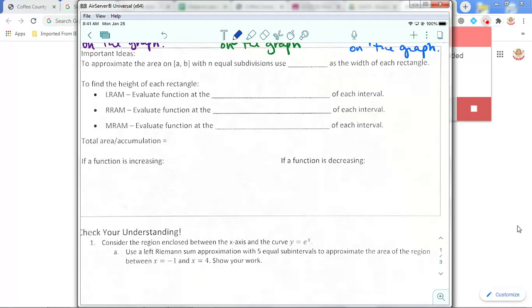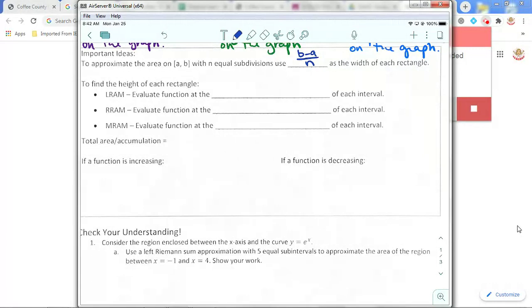And so a generic interval is from a to b with n equal subdivisions. So if you want to find the width of each of those rectangles, you're going to take the b minus the a of your interval. So subtract the larger number minus the smaller number. That gives you the width of the interval. And then you're going to divide that by how many rectangles you're going to draw, or how many subdivisions there are going to be. And that'll give you the width of each rectangle.